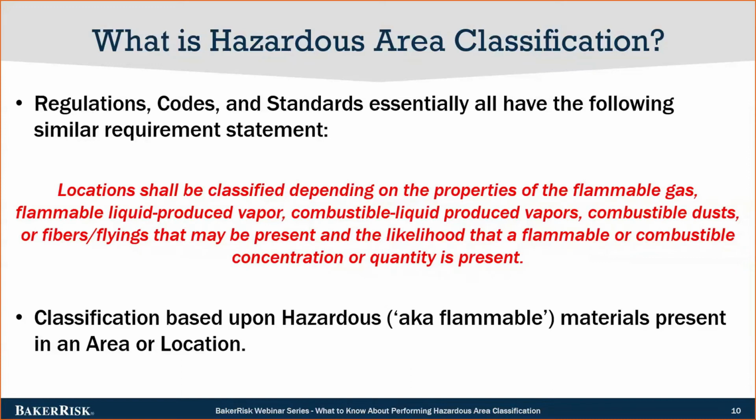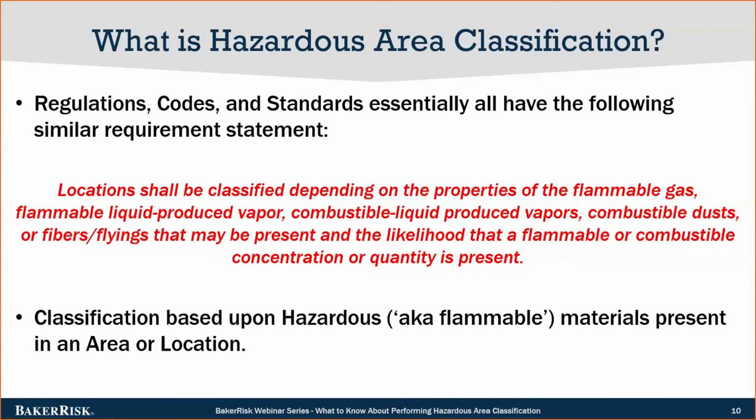You notice that the active words are properties of the flammable gas and combustible materials. It's not a classification of the electricals, which is an old term that used to be utilized. So essentially, classification is based upon the hazards of those flammable materials which may be present in the area normally or abnormally.